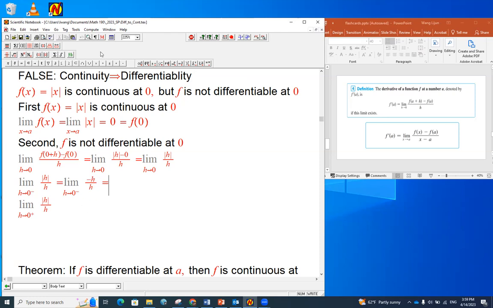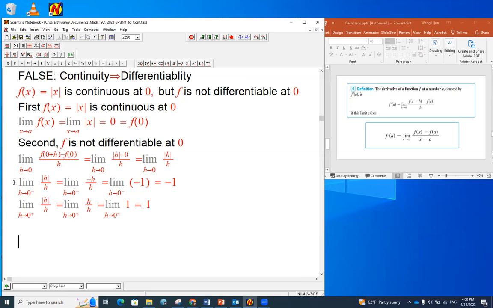That ends up being the limit of negative 1, and the limit of a constant, of course, is the constant itself. And for the limit from right, when h approaches 0 from larger than 0, h is positive, and the absolute value of a positive number is the same as the number. So we're taking the limit of a positive 1. The limit of a constant 1 is 1.